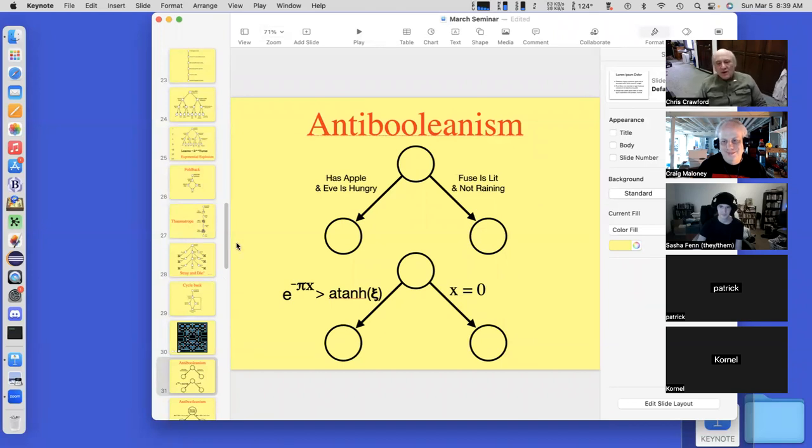I'd now like to throw in a quick rant that I call anti-Booleanism. Everyone doing trees traverses the trees with Boolean expressions. And I condemn this vociferously. The right way to do it is with numeric expressions. Now, I am kind of joking in the lower left of the illustration. You really don't need to use exponentials and hyperbolic tangents and so forth.